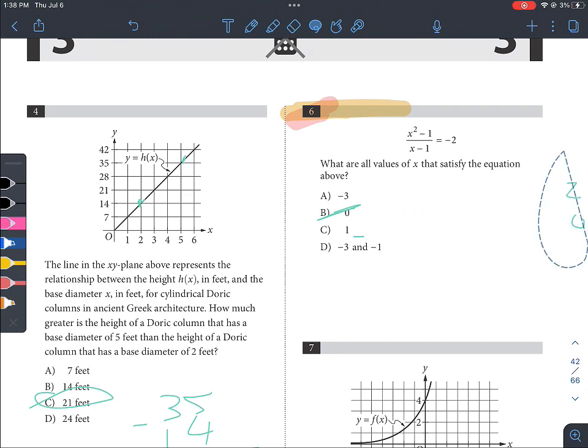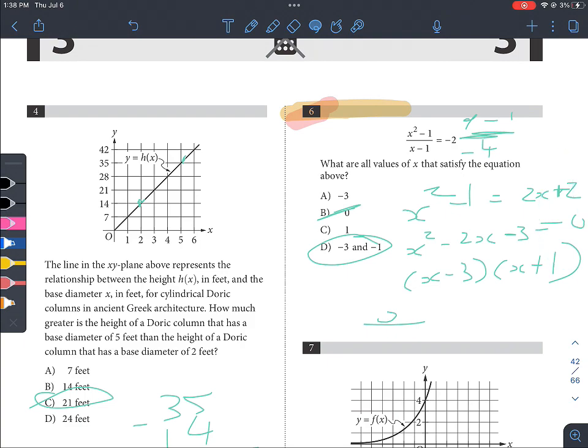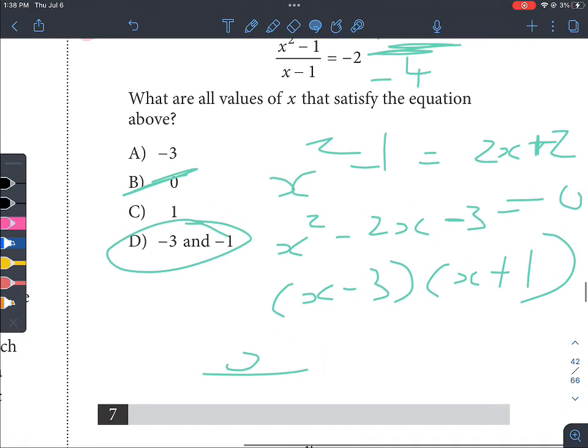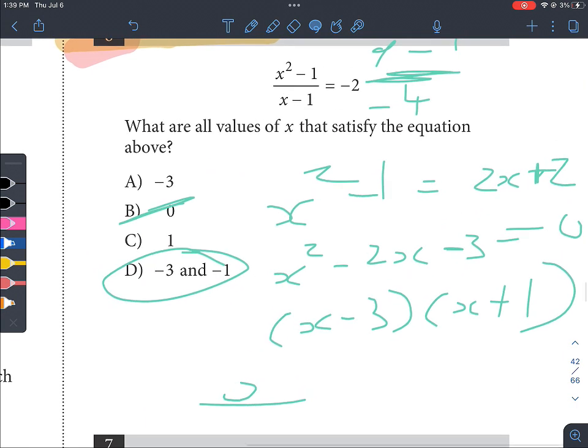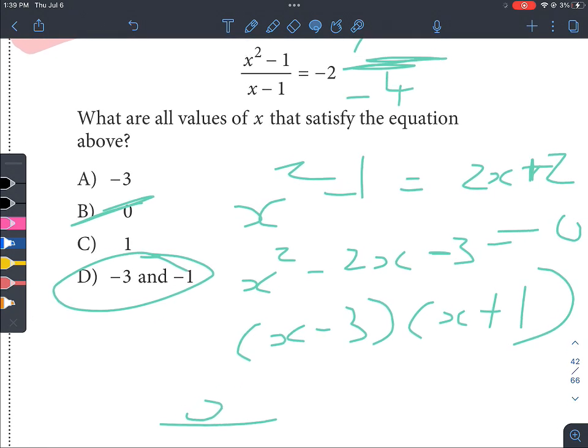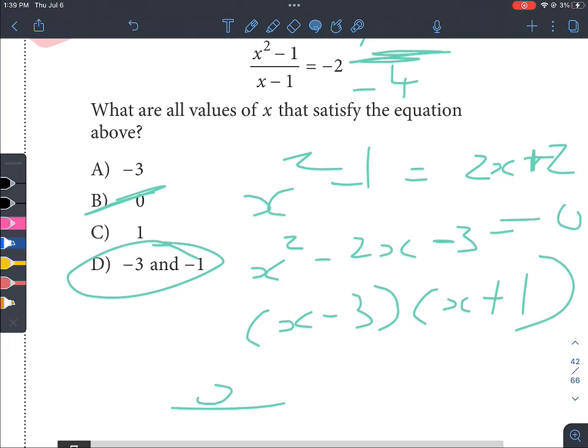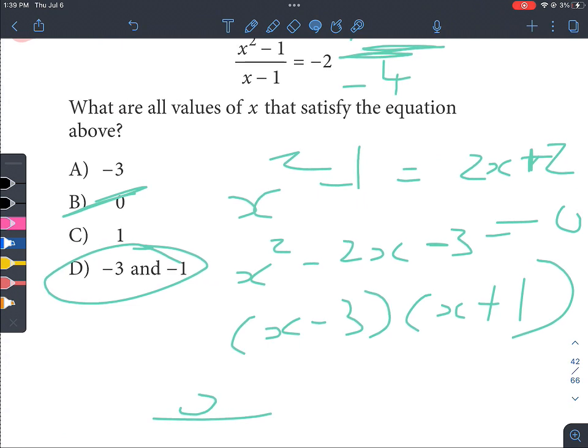Did I just not do negative 3? That should be correct, yeah. No, I think I know what I did. Yeah, I know I did wrong.